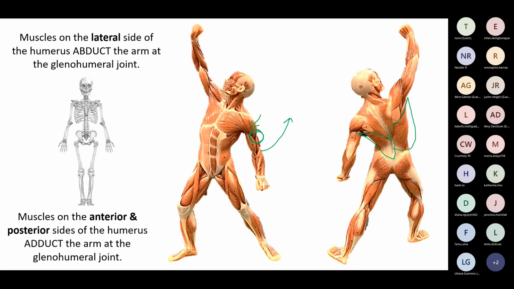So if you're on the outside, you pull the bone outside. If you're on the inside, you pull the bone inside. These are our movements at the glenohumeral joint. Flexion, extension, abduction, adduction.